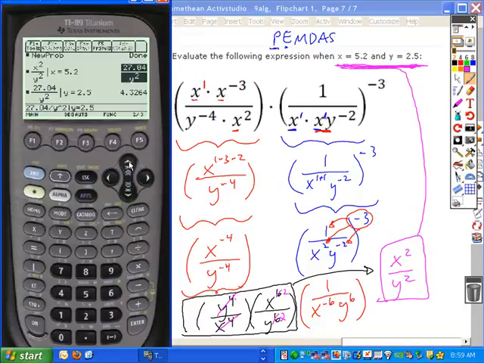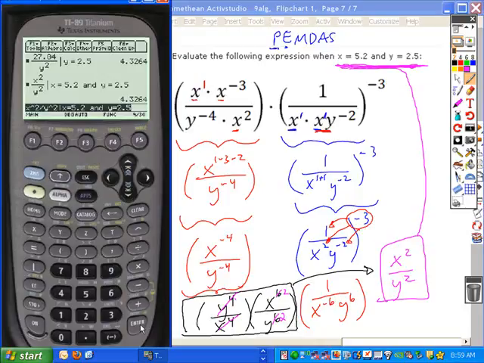Or you can take your whole original value and solve for x equals 5.2, and then use the alpha lock, space, the word and, A-N-D, space, y equal to, unlock the alpha keys, 2.5. You can evaluate it with both of these. You just need to separate with the and, and you'll get the same answer. It asks you to round it to the nearest hundredth, which is 2 decimal places. So 4.33 would be the rounded answer for this problem.